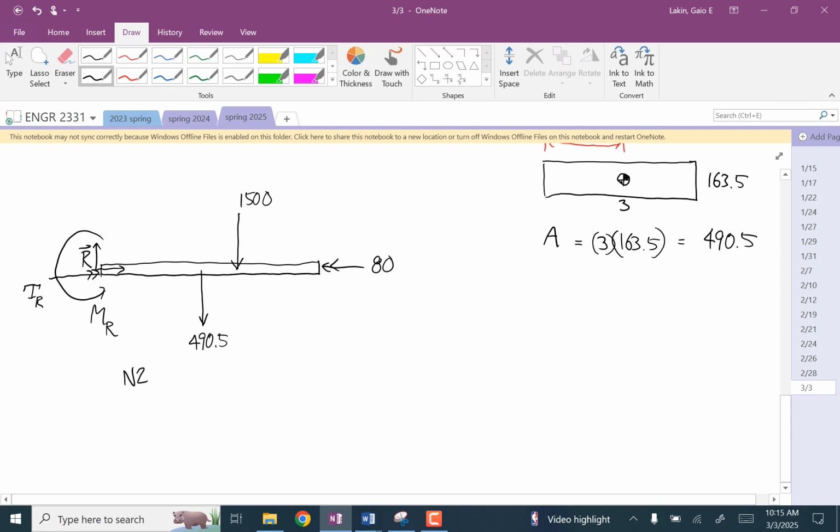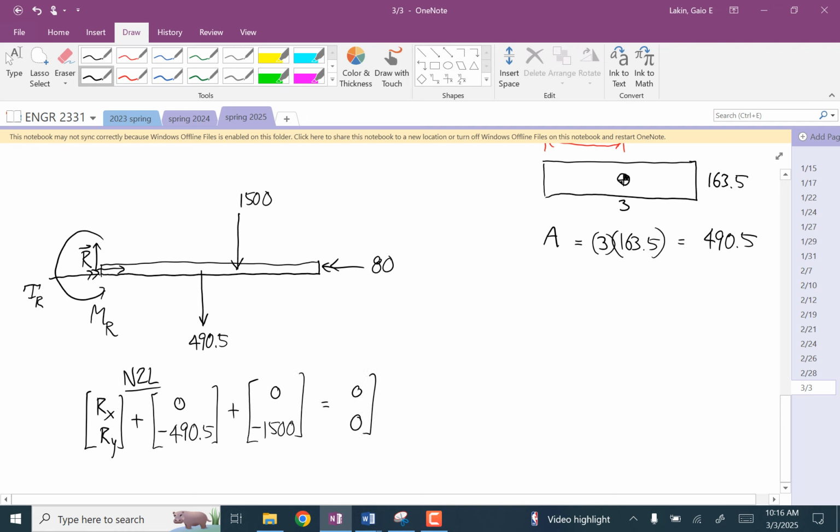So now we can go to Newton's second law. It says Rx, Ry plus 0, negative 490.5 plus 0, negative 1,500 is equal to zeros. So Rx is 0.